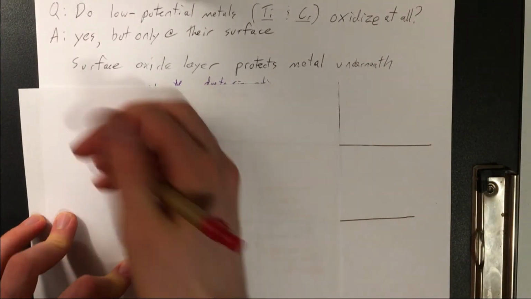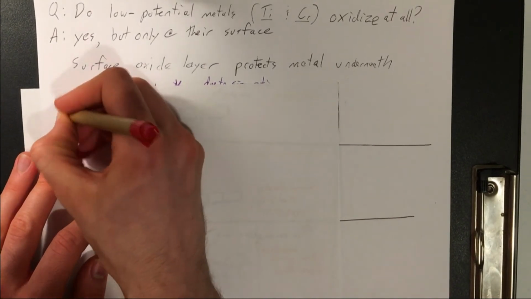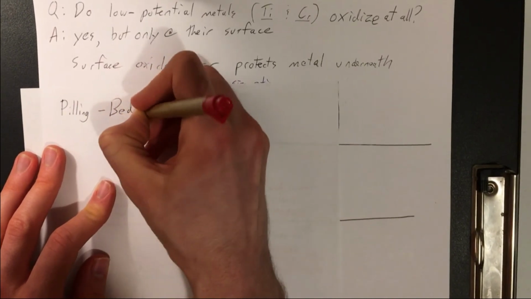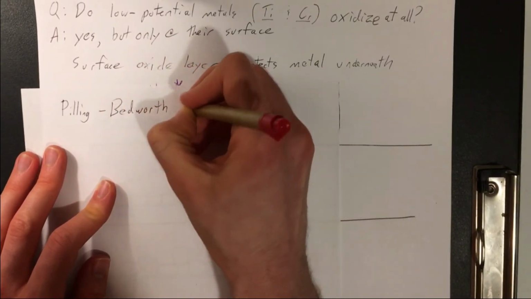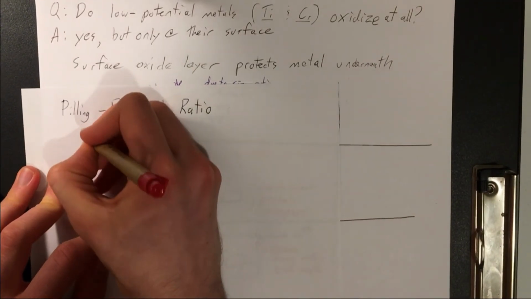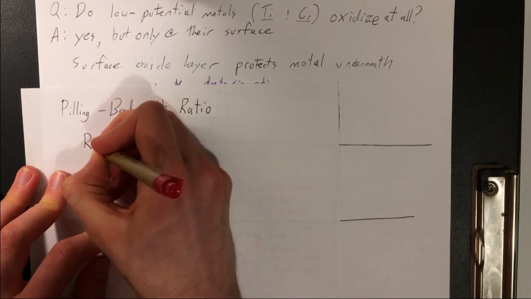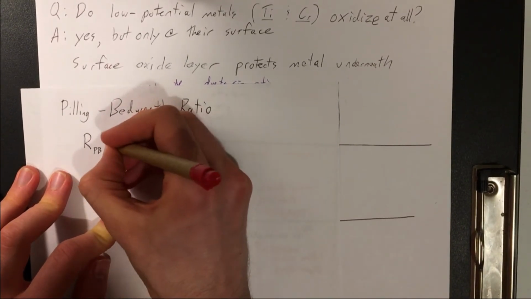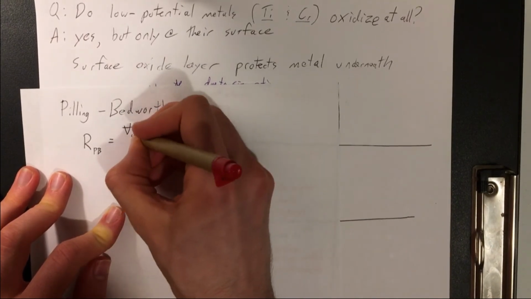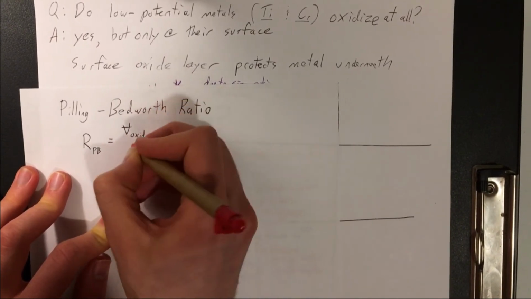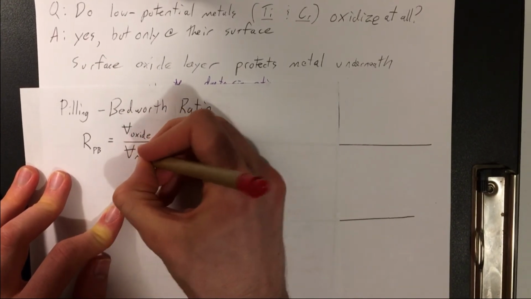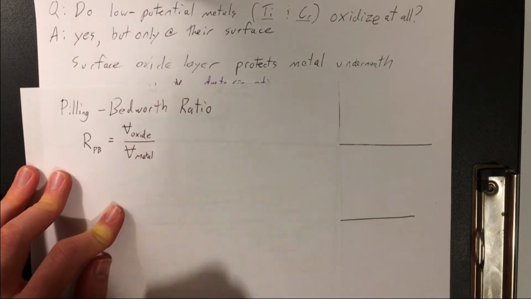And we do so via the Pilling-Bedworth Ratio, oftentimes capital R sub PB. Basically, this is the volume of a unit cell of oxide divided by the volume of a unit cell of the unoxidized metal.